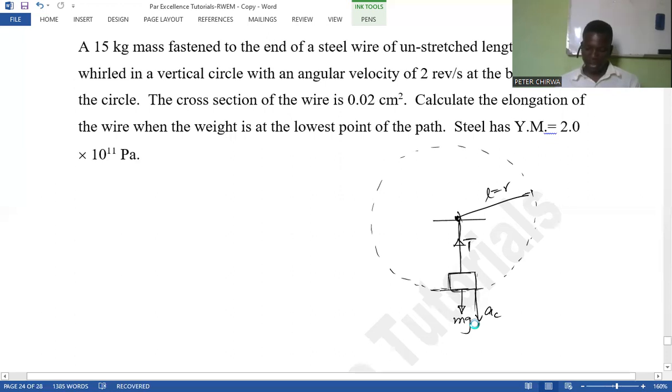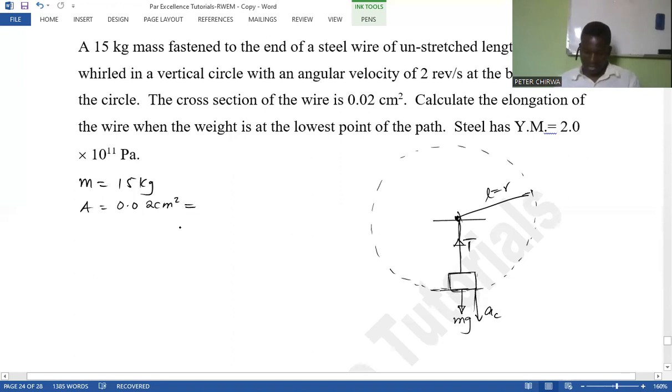All right, so now let's look at what we have first. We have the mass, 15 kg. It's already in standard. We have cross-section area, 0.02 square centimeter. So this one has to be in square meter. Those are the standards we know.